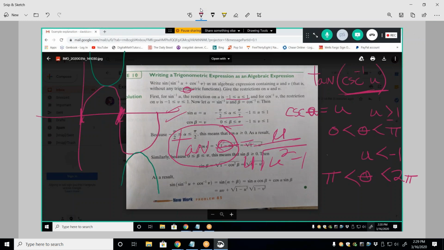Could it maybe be because if you don't have the absolute value signs there, you would never get a negative answer? Possibly. You're right. That's it. In other words, if I have 1 over the square root of u squared minus 1, that's a positive answer. So it gives us no way to come up with negative answers for the tangent of theta.